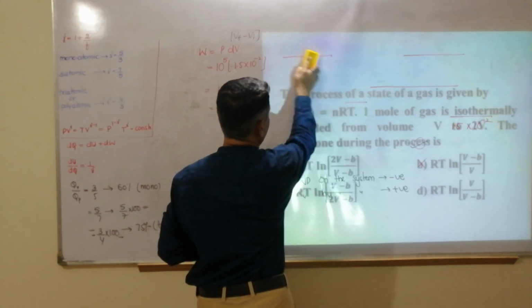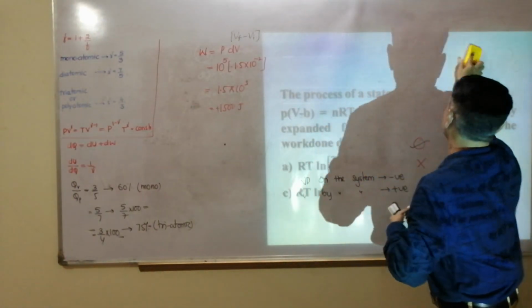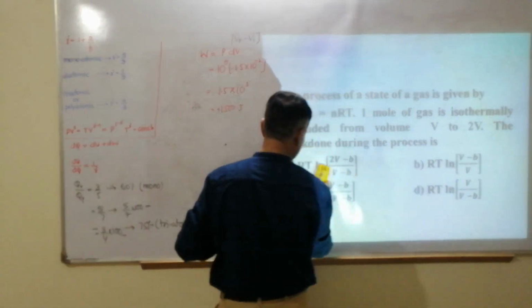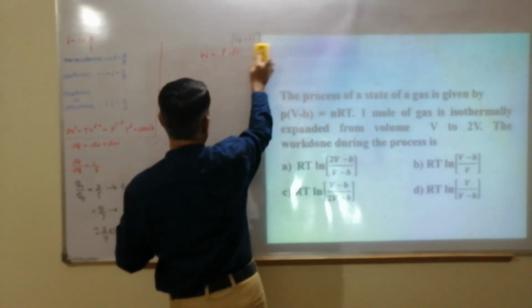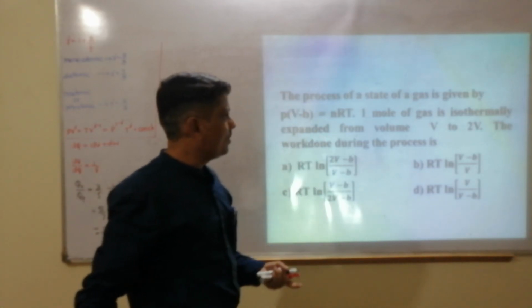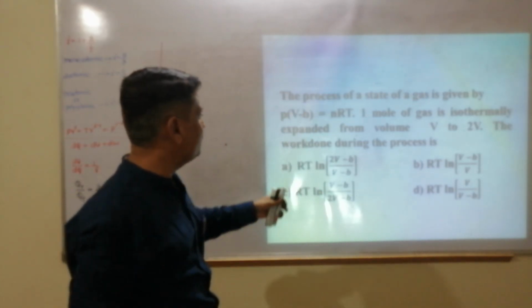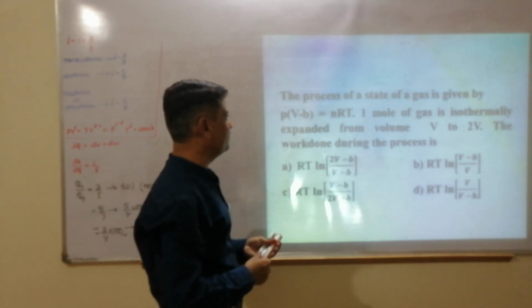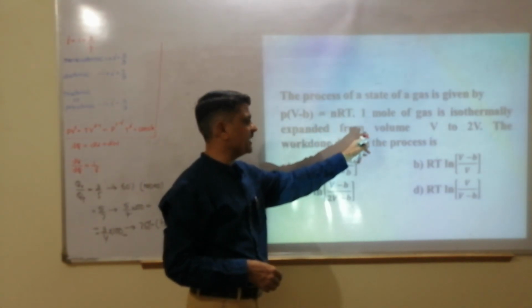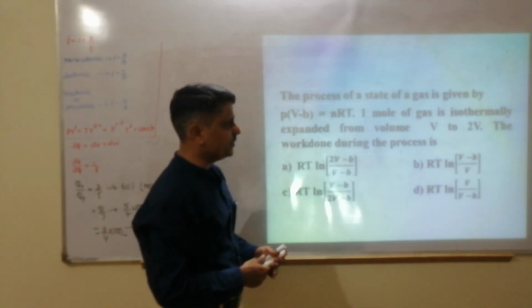Next, here first I'll give you the method, then I'll go for prediction. We know that the process of a state of a gas is given by P(V minus B) equal to nRT. 1 mole of a gas is isothermally expanded from volume V to 2V.